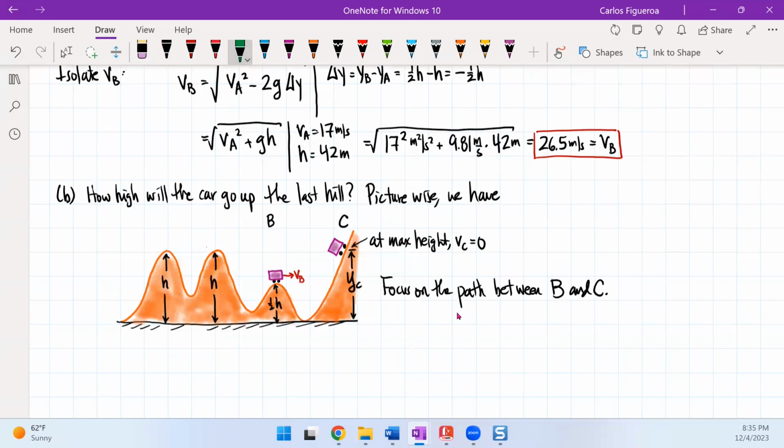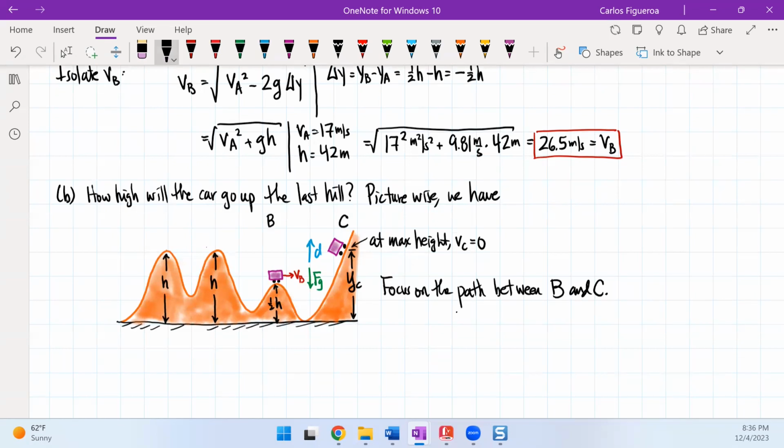And the reason why is as I go from B to C, the force of gravity is downwards, but that displacement goes in the vertical direction.